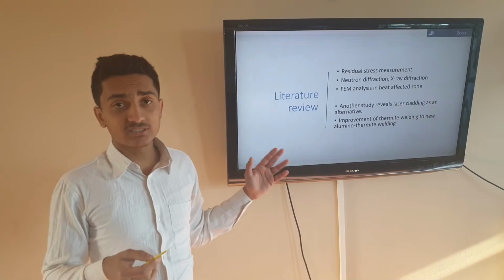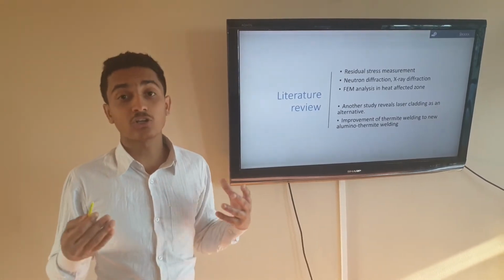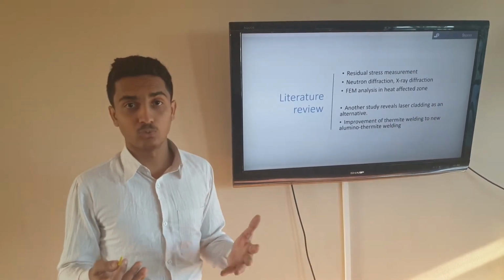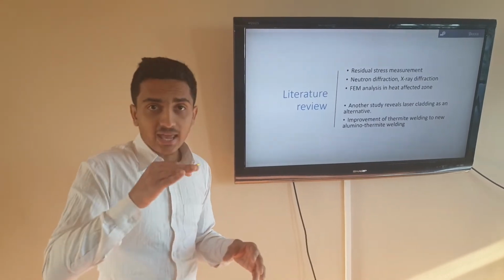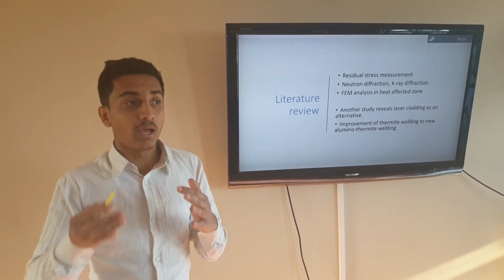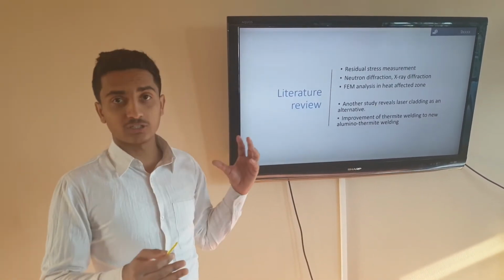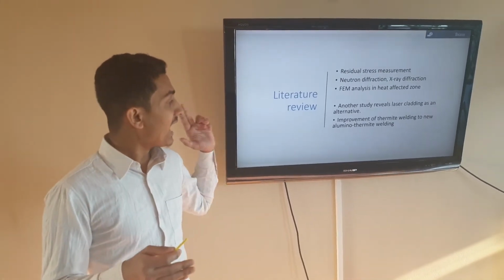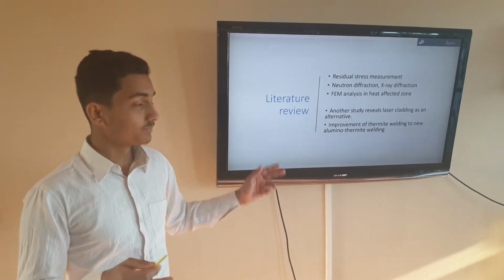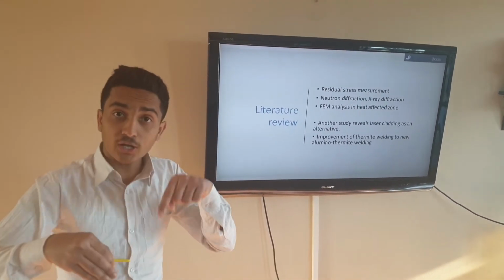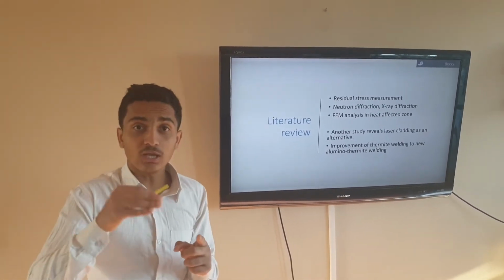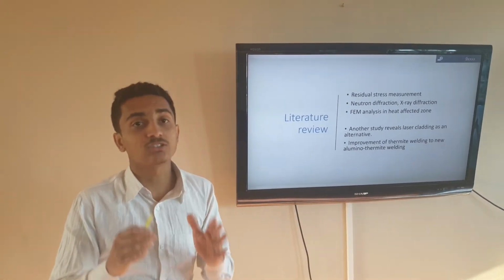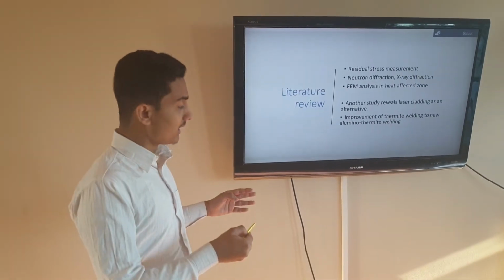Another study also reveals laser cladding as an alternative to thermite welding, but it only has an advantage in residual stress. Other than that, all other advantages are gained by thermite welding. Another study shows that when current thermite welding is improved to a new aluminum thermite welding, it possesses some advantages.